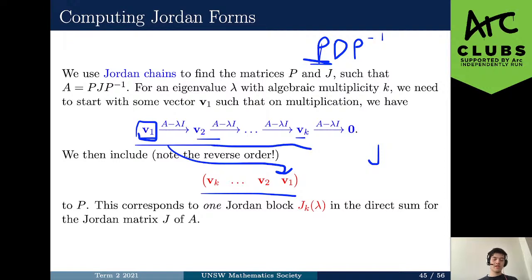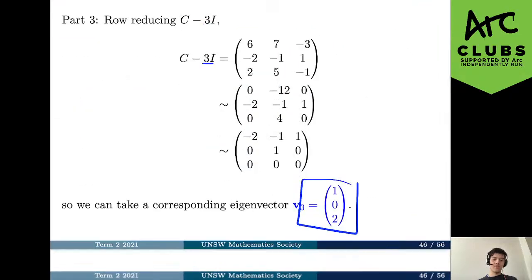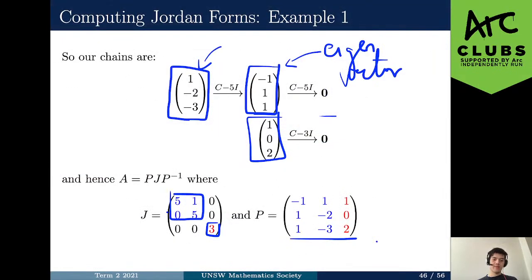We need to reverse the direction when we put it inside the matrix. If you don't do that, the answer is actually wrong. So the order I put it is that the eigenvector comes first, and then the generalized eigenvector. Or if there are more of them, then we just go in reverse order. The 3 is simple. That has one eigenvector.